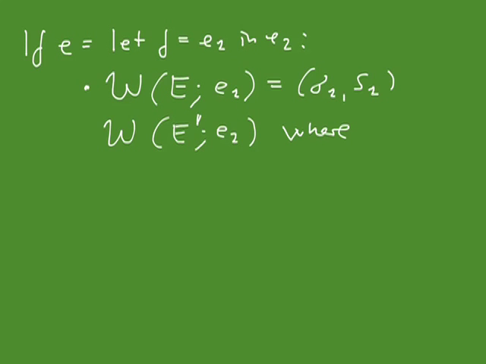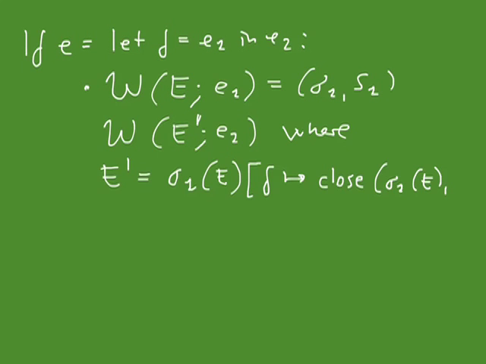So E prime is the substitution that we had before applied to the old type environment, except now we close the type of F. So this is intended to look just like the typing rule. We let F have the closure with respect to sigma 1 of the environment, and the type S1. And then we call the well-typing algorithm on E prime.